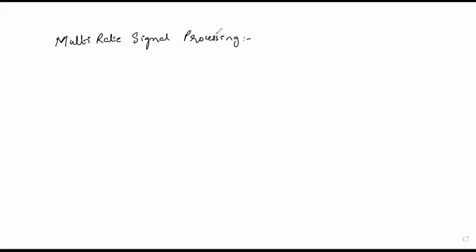Starting with the decimation of multi-rate signal processing, in short, we can call it MRSP.